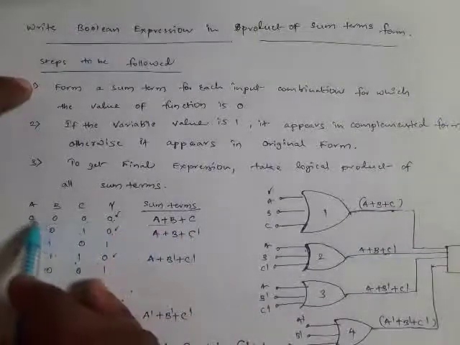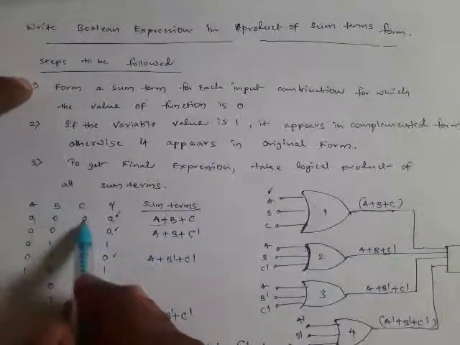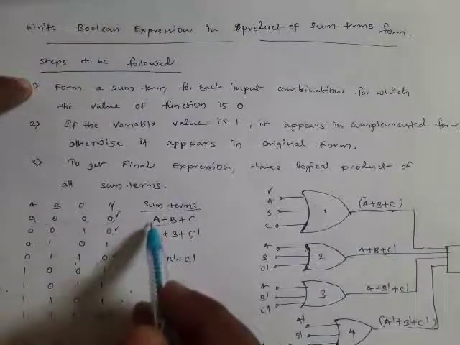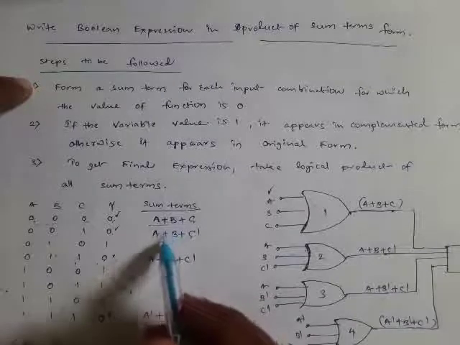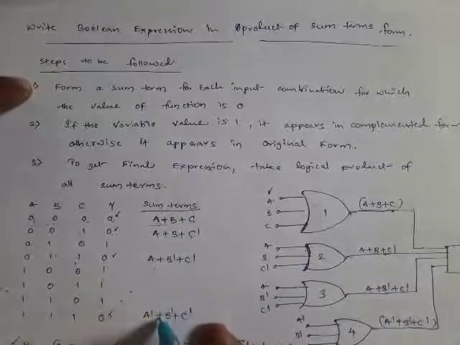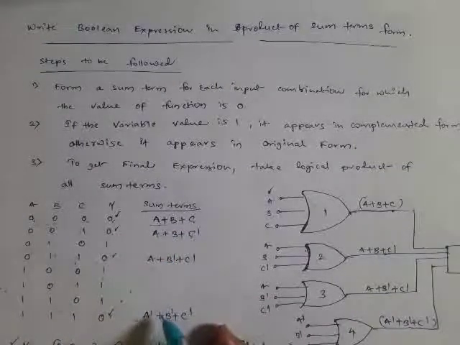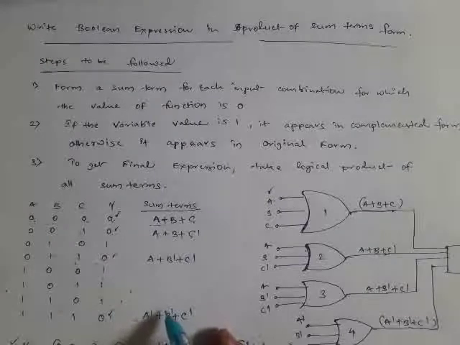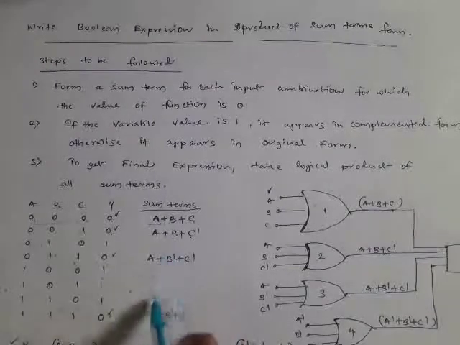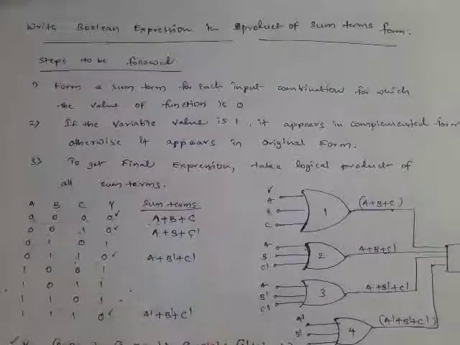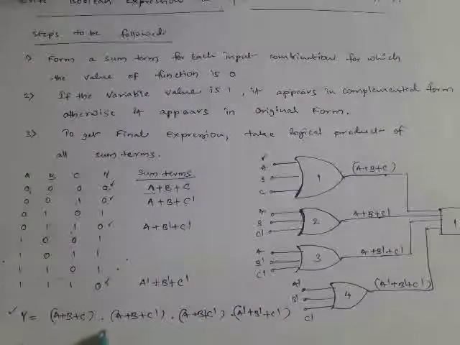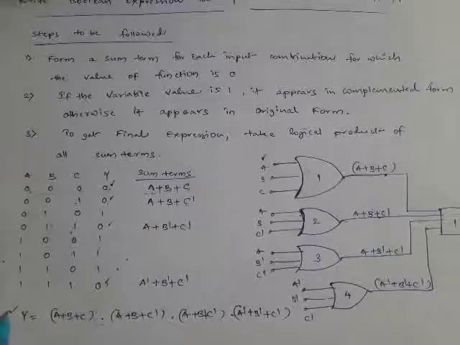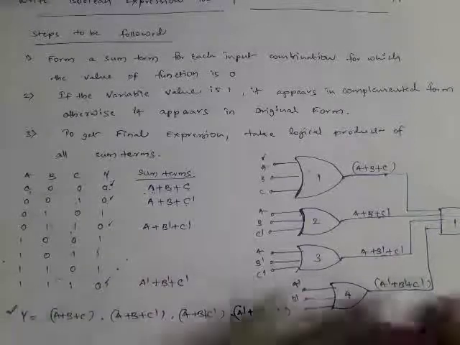So here a equal to 0, b equal to 0, c equal to 0, so we obtain the sum term as a plus b plus c. In this way, we will obtain all the sum terms, and in order to obtain the final expression, we will take the logical product of all these sum terms, and we will get the final expression for the Boolean function.